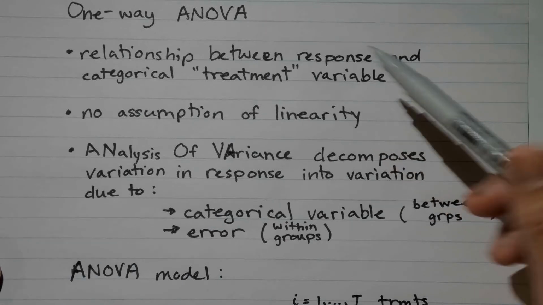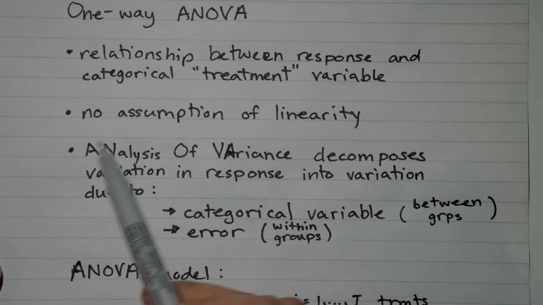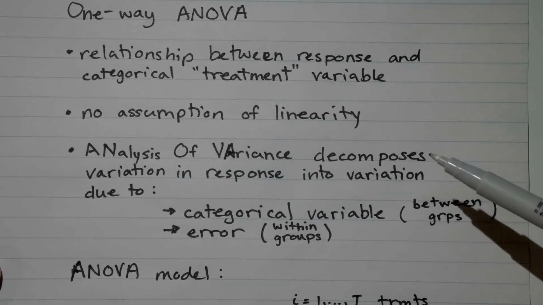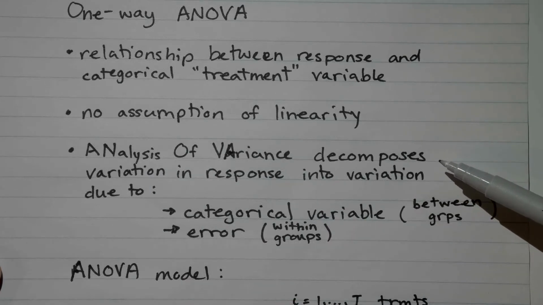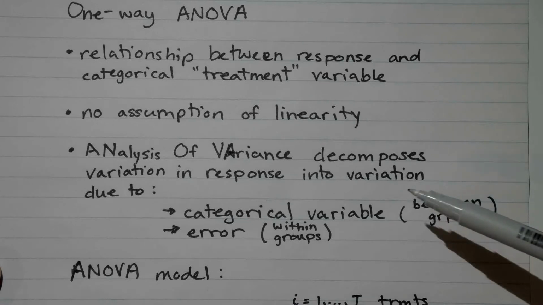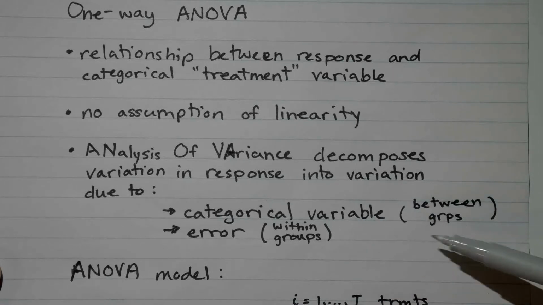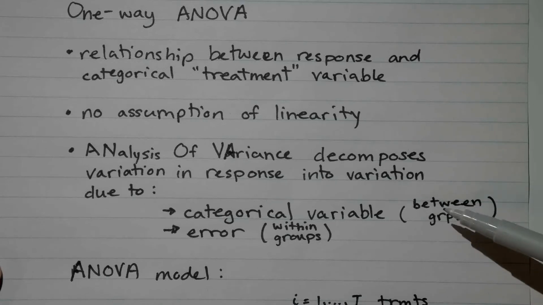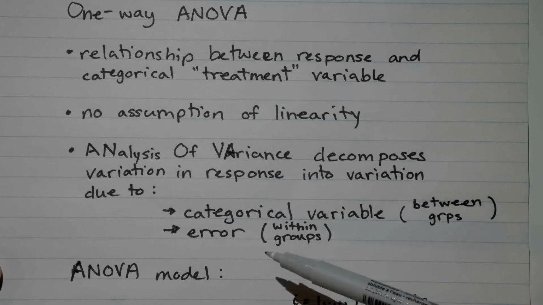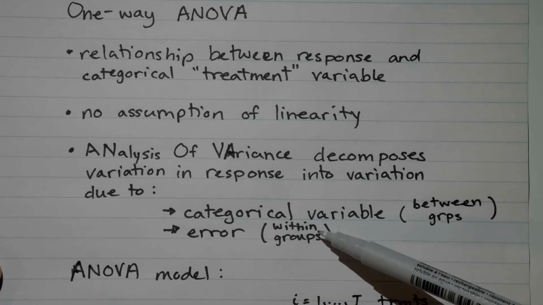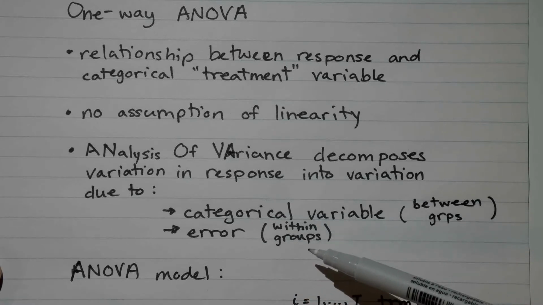So the analysis of variance is where we get the term ANOVA from, and it decomposes variation in our response into the variation due to the categorical variable, sometimes also known as the between group variation, and the error, which is often known as the within group variation.